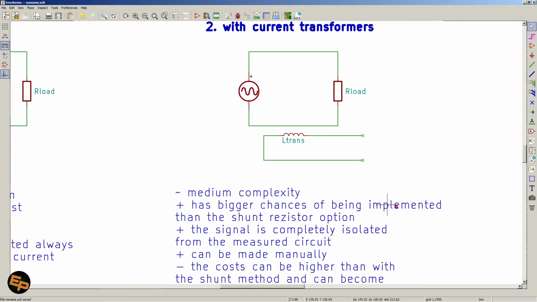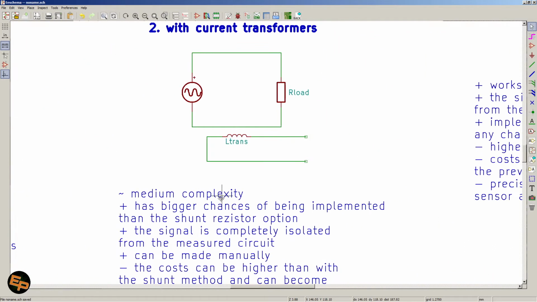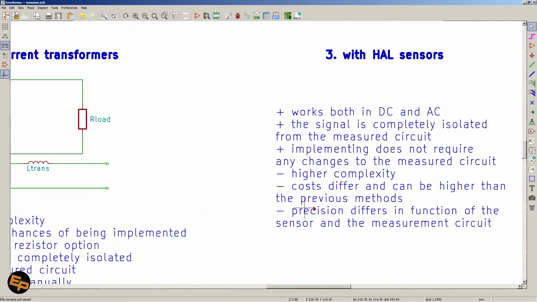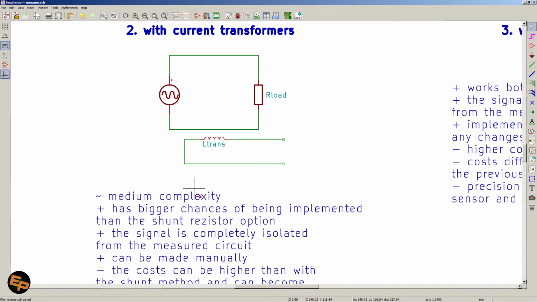So this method has what I would call a medium complexity. It's not as simple as this method, but it doesn't need such a complex circuit as what we would need when using Hall sensors. So I would see it as a medium complexity solution.